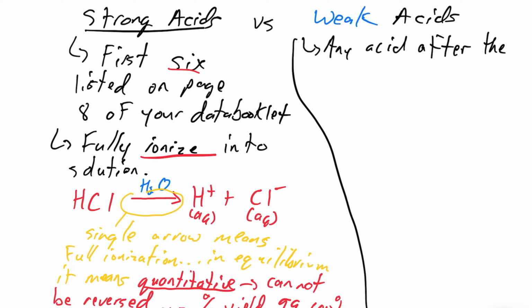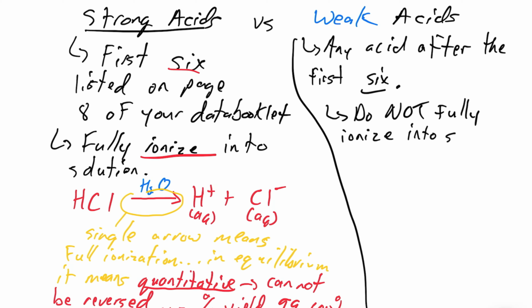So any acid after the first 6. Okay, so these ones do not fully ionize. In fact, they have a lot of trouble ionizing, period. So they do not fully ionize into solution.